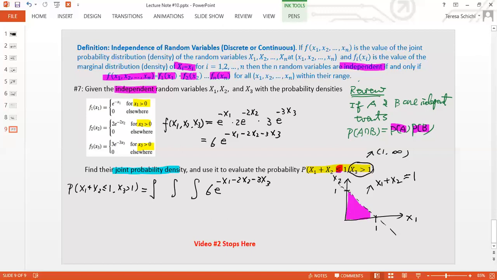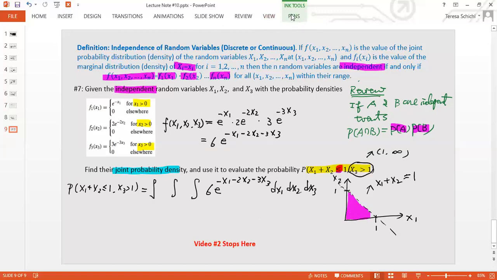So now I'm going to integrate dx1, dx2, dx3. Be careful. Right now, x1 and x2 do have a relation. They have x1 plus x2 less than 1. So I need to integrate in that purple area.